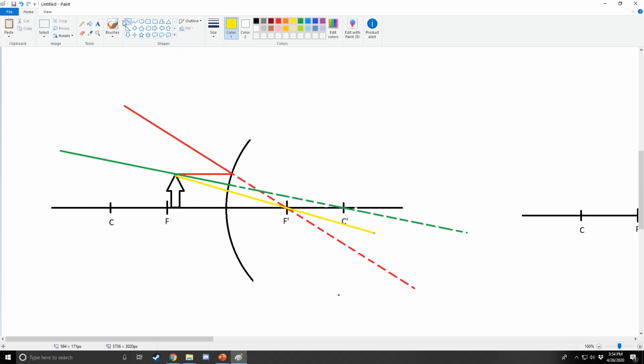I'll have to actually erase this because this is not the line that I actually want to draw. So ignore this line. What's important is the line that ends up going parallel to the principal axis like this. There we go. And this is the extrapolated reflected line like that.